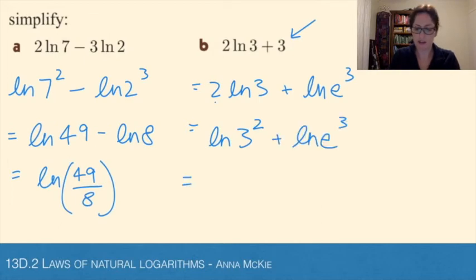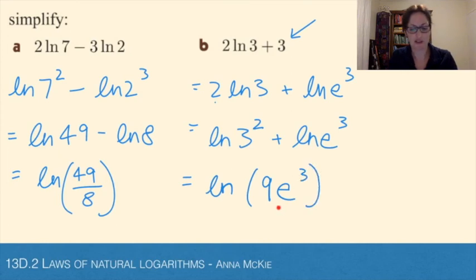You might say to yourself, oh, but hang on, this is 3 to the power of 2 and this is a letter, this is a variable of e. Well, remember that e is a number, 2.718 approximately, and they are the same base because an ln is a natural logarithm, which is a log of base e. So combining them, 3 squared comes out to be 9, so we have 9 multiplied by e to the power of 3. You can put in the multiply sign between there if you like, but you don't have to.